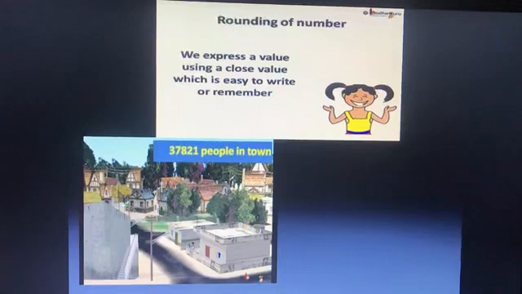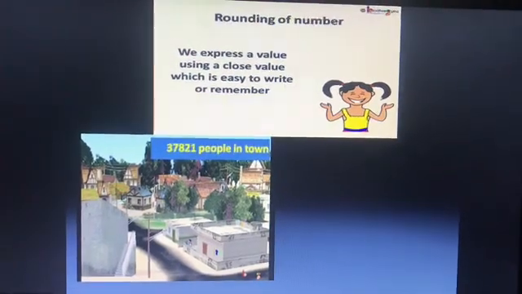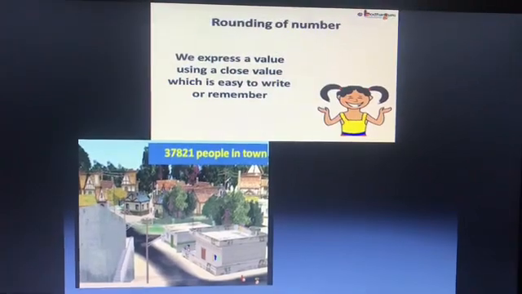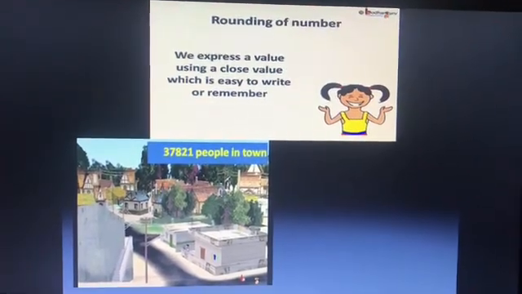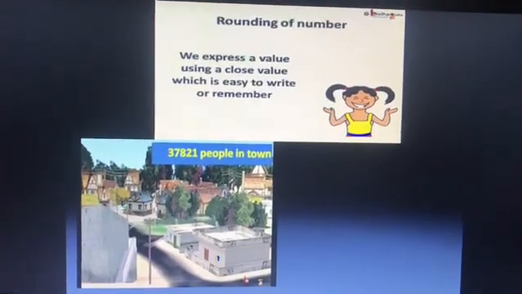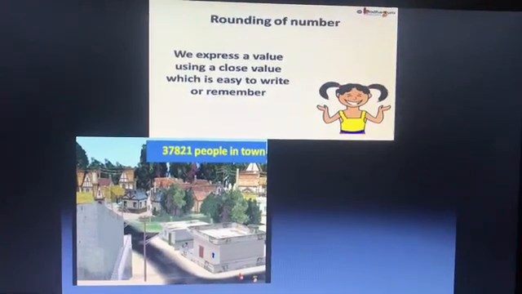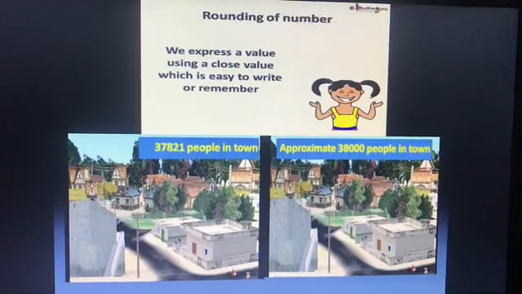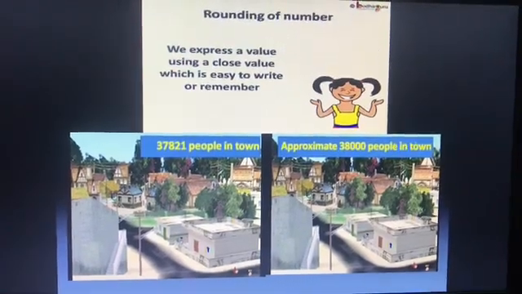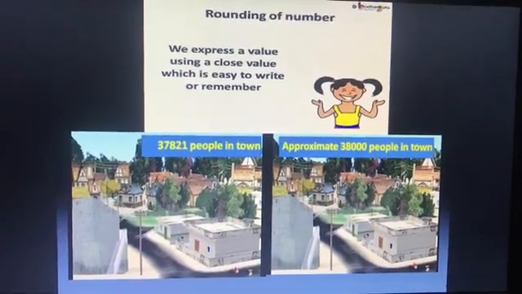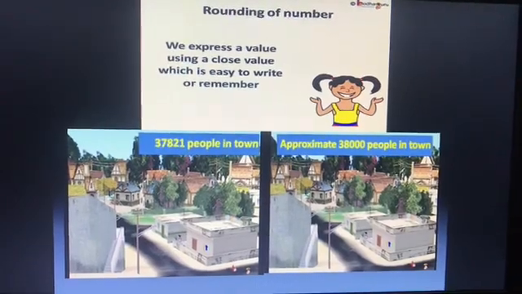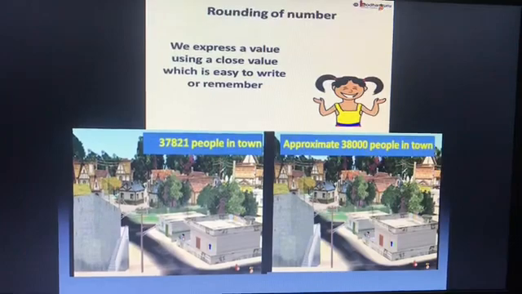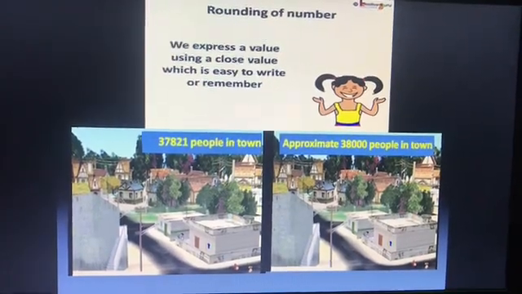Do we have to always write the same number, 37,821? Will we remember this number always? So, in order to remember and do it easily, we approximate. And we write approximately 38,000 people are there in the town. So do you understand now why rounding off is needed? Yes, to make the numbers easy.